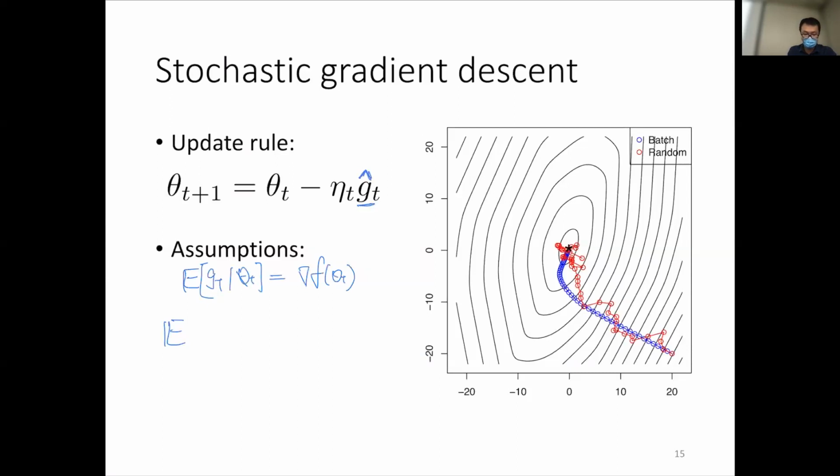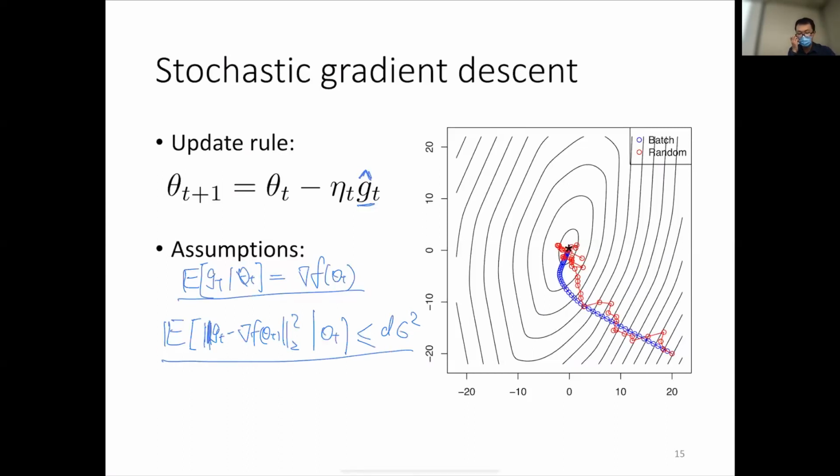So the assumption we'll use here is that the expected squared Euclidean 2 norm of G_t minus the gradient of f at theta_t, given theta_t, is smaller than a bound. Let me explicitly introduce a dimension here for convenience later. So these are the two conditions: the first says that it is unbiased, and the second says that it has bounded variance.